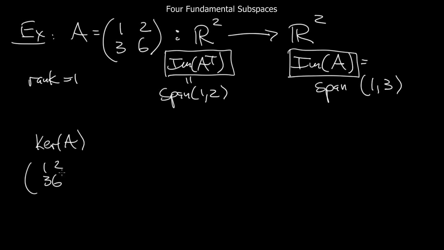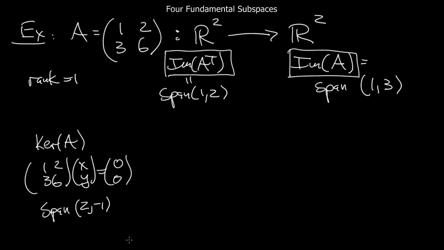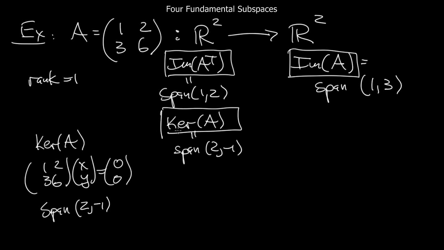The kernel of A, well, let's see, if you take this and set it equal to 0, you see that a vector in the kernel is, for example, the vector minus 2, 1. Or I could also take 2, minus 1. So the kernel is the span of the vector 2, minus 1. It's one-dimensional. And similarly, the kernel of A transpose, well, A transpose is this thing 1, 3, 2, 6.